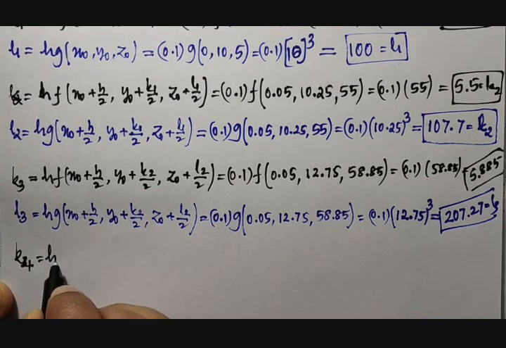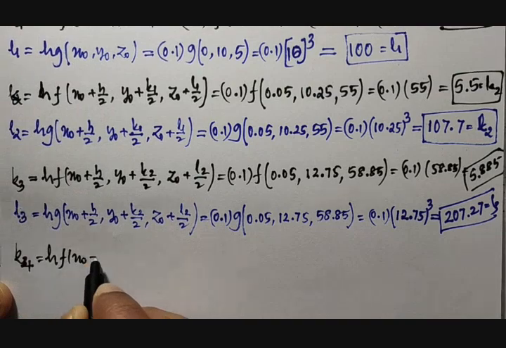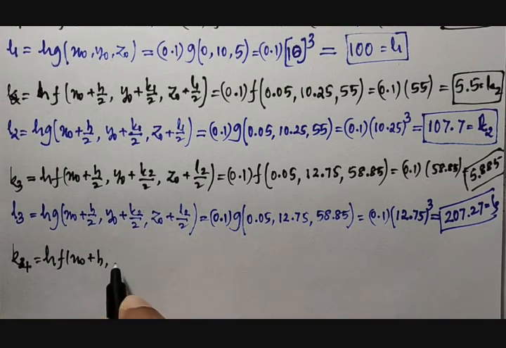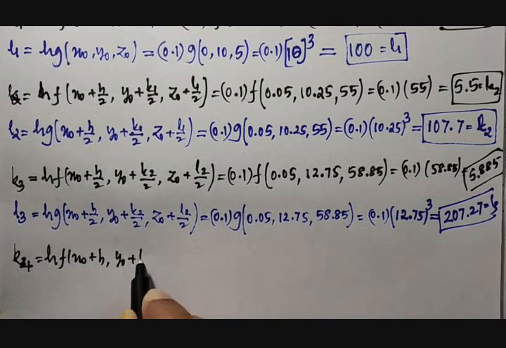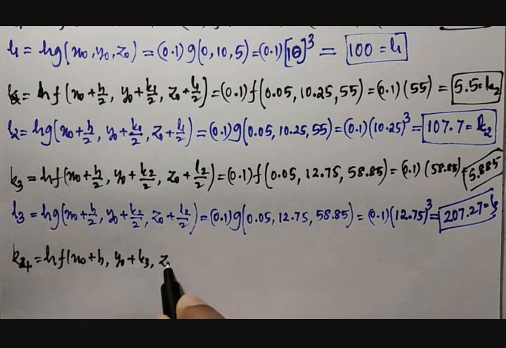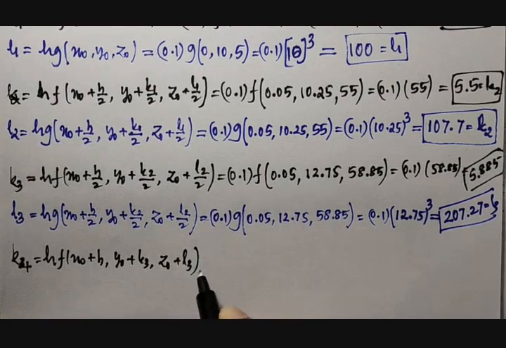K4, that is h into f of x naught plus h, y naught plus k3, z naught plus L3.